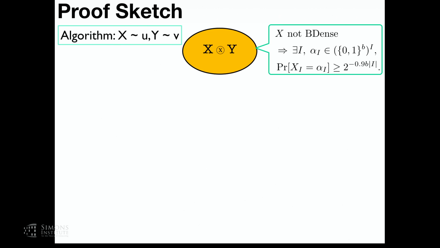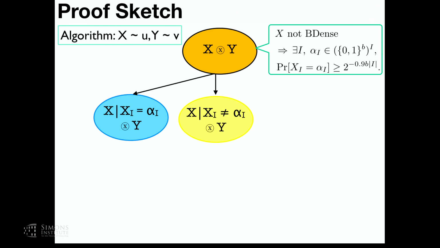And to fix it, what we do is just condition on it. Okay? We split this source x comma y into two pieces. One where we condition on this event happening, the event that's violating the blockwise density, and the other one which is the negation of it. The hope is that by conditioning on it, we at least get blockwise density in the remaining. Well, this is good, but not quite good, because here x and y are no longer aligned.